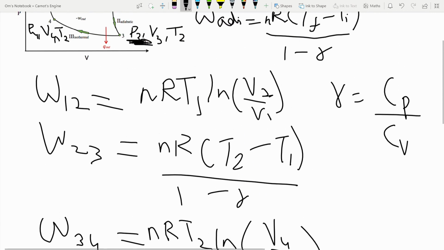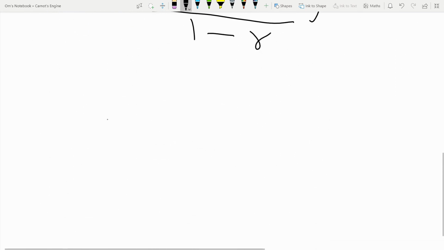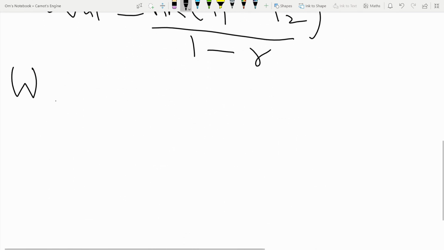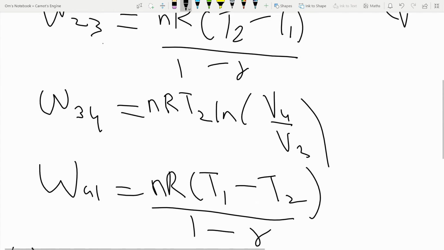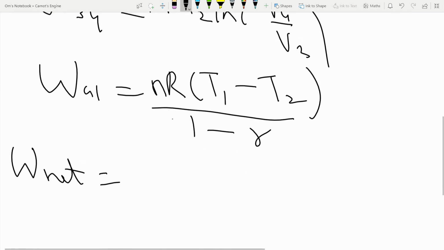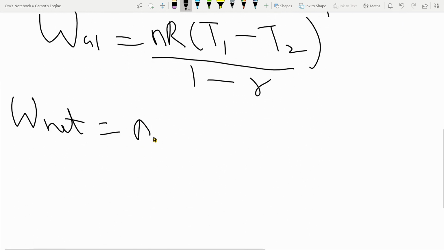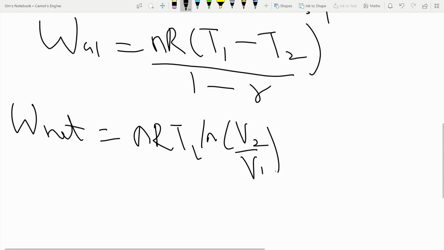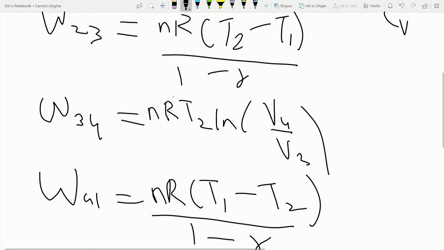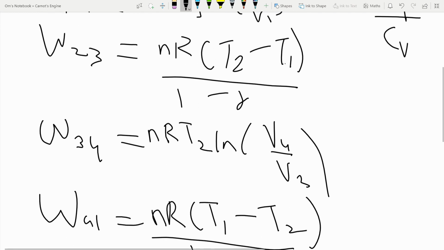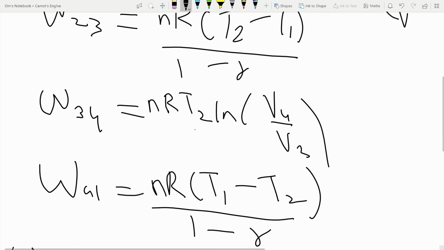So what happens when you add all of these to get the net work? So I'm going to write work net over here. You can write work 1, 2 plus work 2, 3 plus work 3, 4, but I'm just going to skip all of that. So I'm going to write this as nRT1 ln of V2 by V1, but I'm not going to write the work 2, 3 and work 4, 1, and that is because you can clearly see that when you take the minus on the outside, these two expressions will be completely identical.